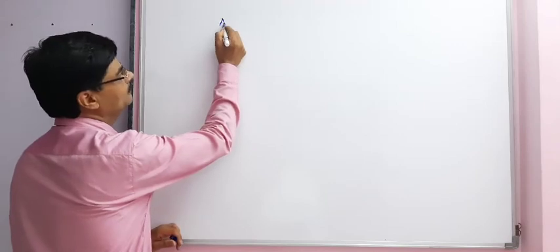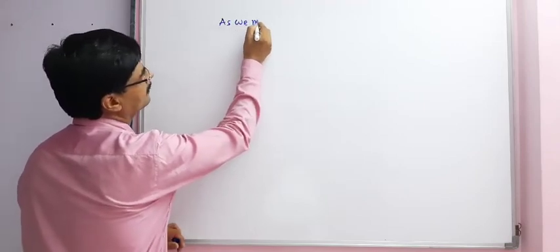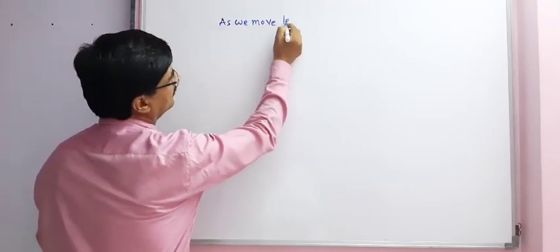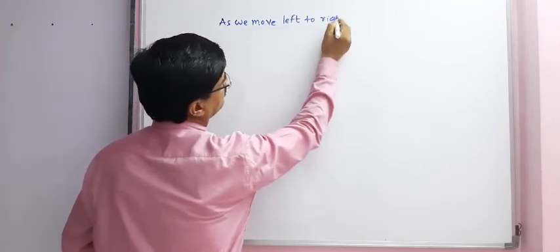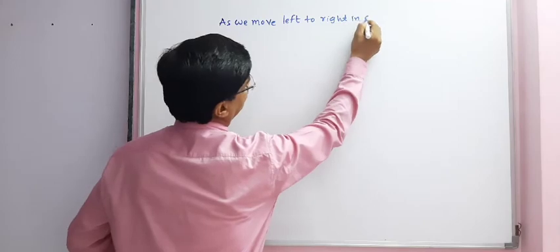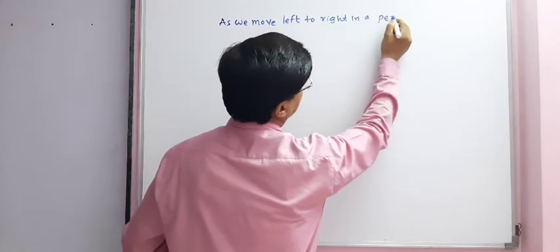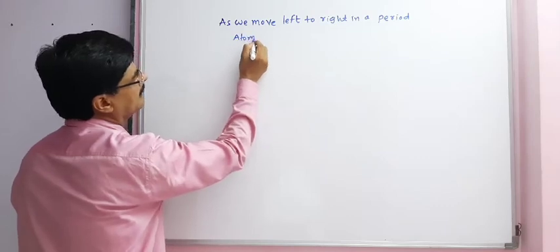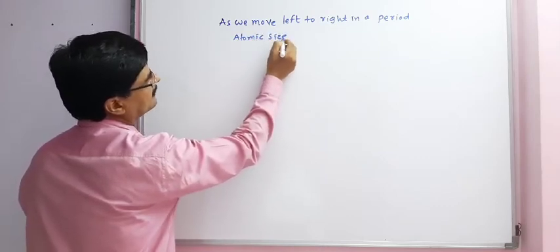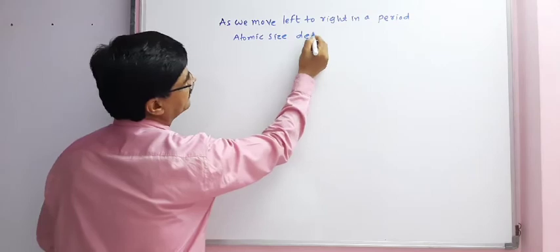As we move left to right in a period, atomic size decreases.